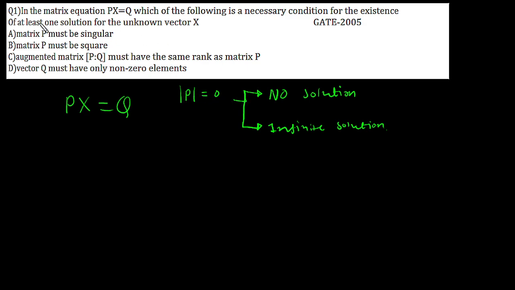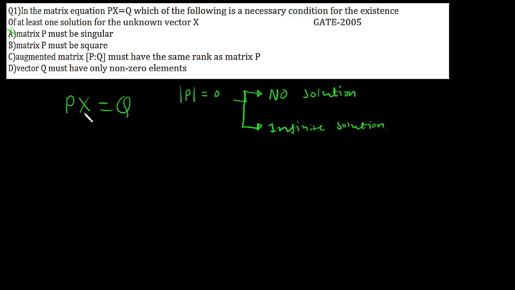Here they are asking about at least one solution. For a singular matrix we may get no solution, which means our system is inconsistent. So option A must be wrong; it is not the correct one. Now let's move to option B. Option B says matrix P must be square.